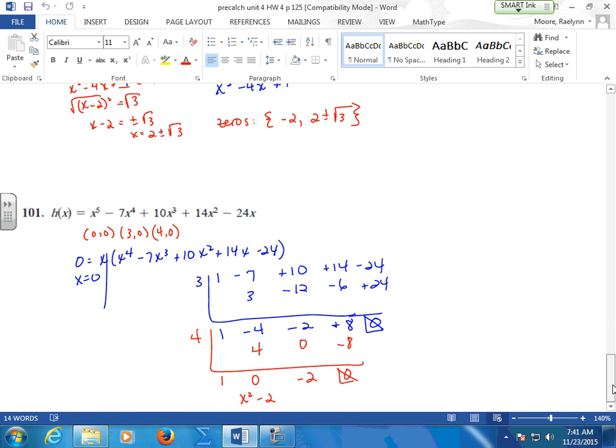And then the last one had 5 roots. So find at least 3 zeros in your calculator. And when we get down to here, for some odd reason, it's not going any further down. Okay, so we get down to here.